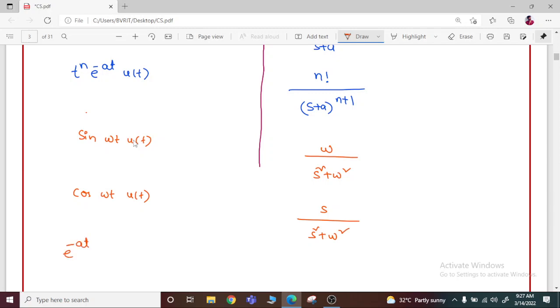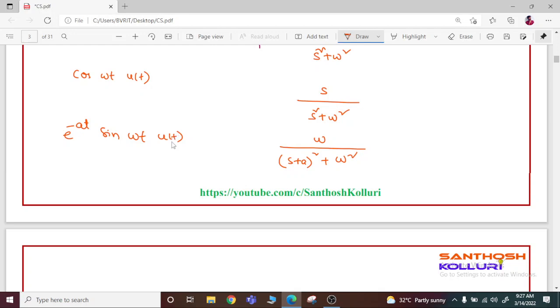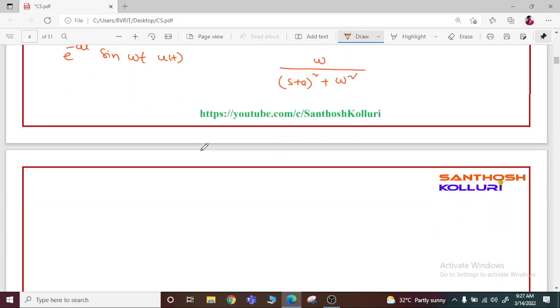If e power of minus at sin omega t into u of t, then this will be omega by s plus a whole square plus omega square. Similarly, e power of minus at cos omega t u of t is s plus a divided by s plus a whole square plus omega square.